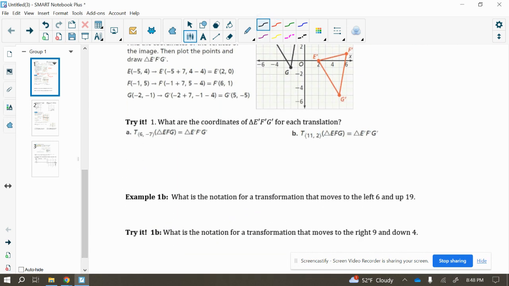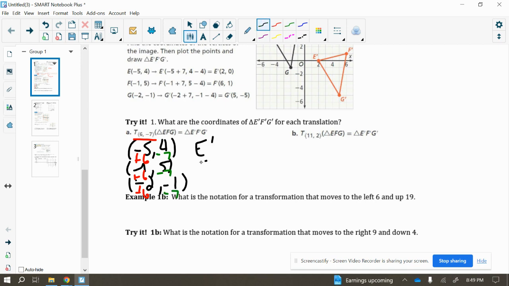So what we can see here is we could take our original points of E, F, and G, so -5, 4, -1, 5, and -2, -1. In this particular case, we're going to move to the right 6 and down 7. So you're adding 6 to each of your original X values, and you would be subtracting 7 to show the vertical movement down 7 to get our new point.